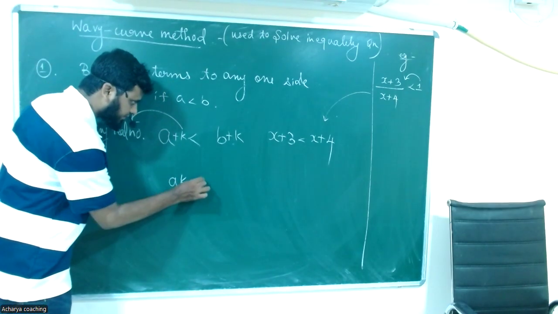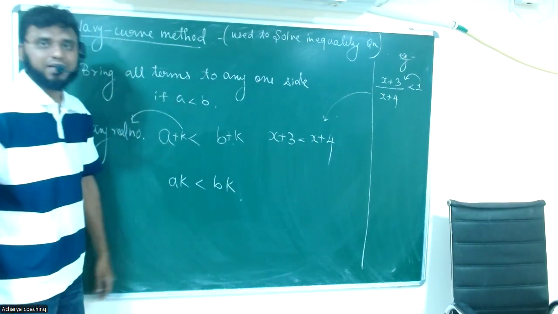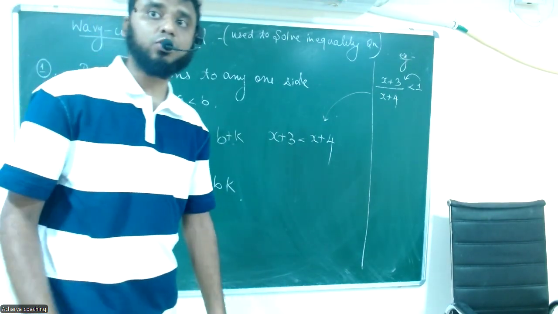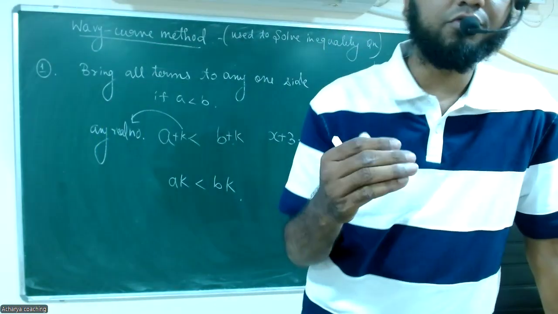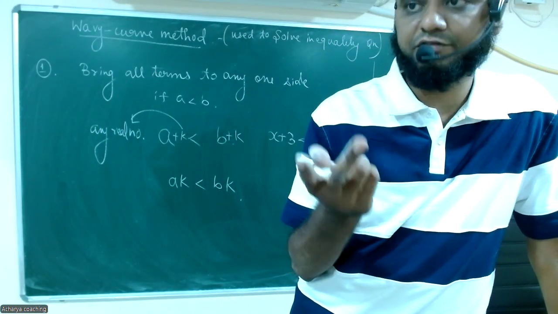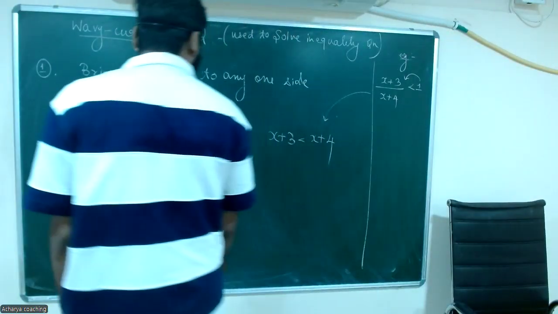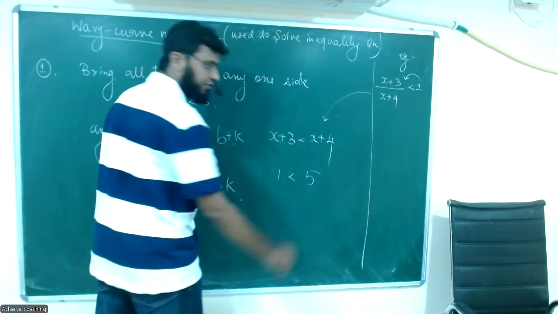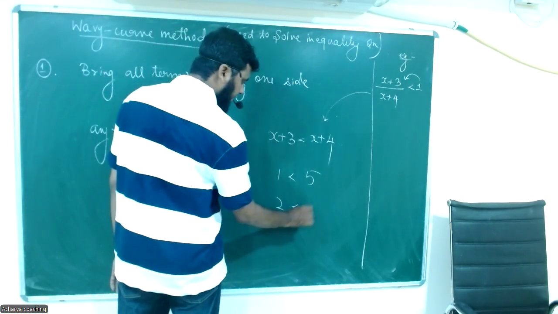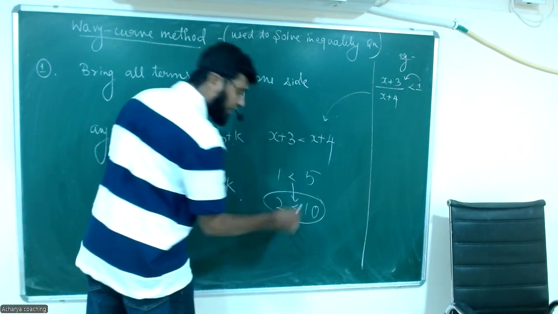Multiplication is there, right? Multiplication is not always allowed. Allowed in the sense, sometimes the sign of inequality will be the same, sometimes it will be reversed. When it will be the same, for example, 1 less than 5. If I multiply with 2, 2 less than 10. So same sign of inequality I have.